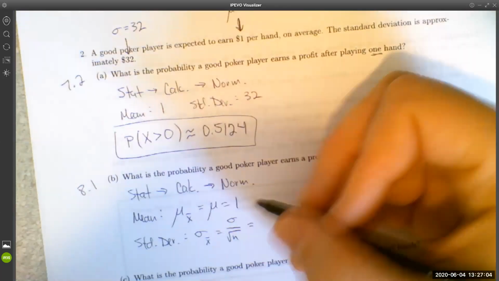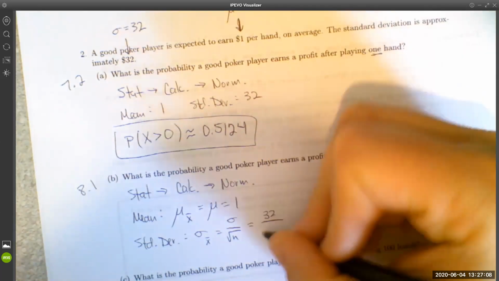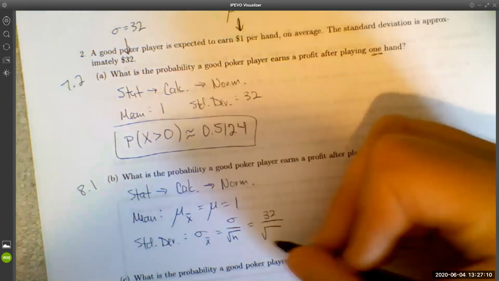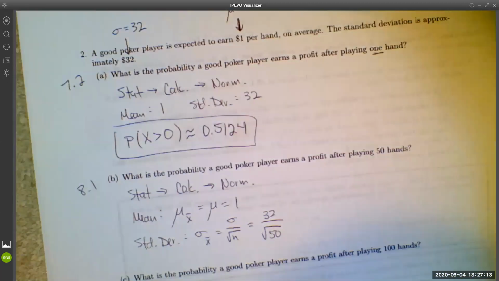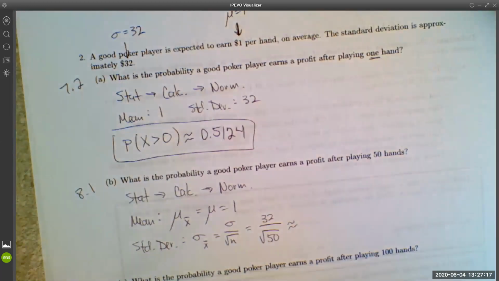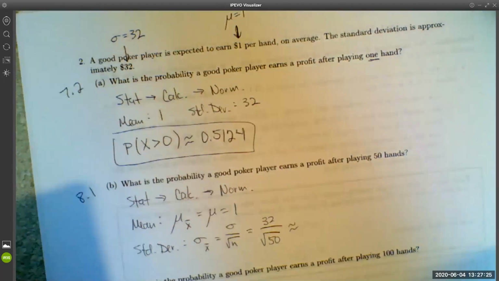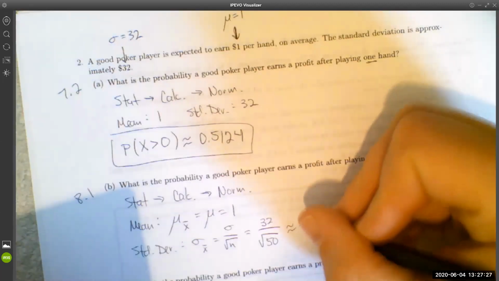So in this case, that would be 32 divided by the square root of 50. Okay. Let's see how much that is. So 32 divided by square root of 50 is about 4.5.